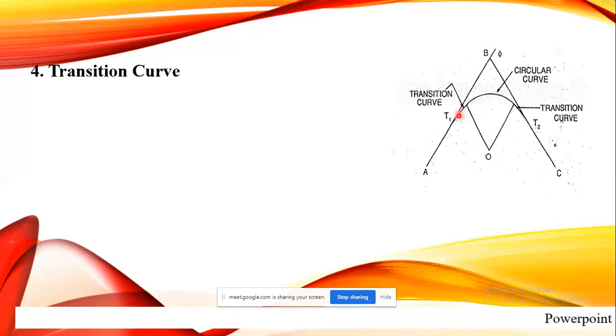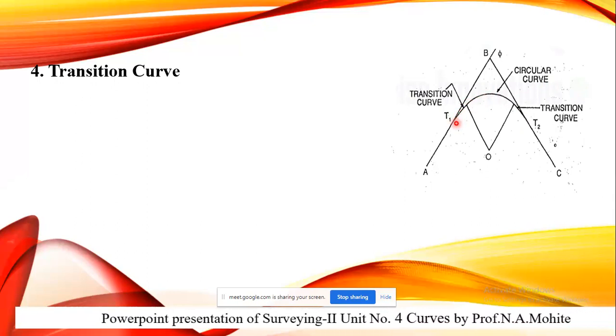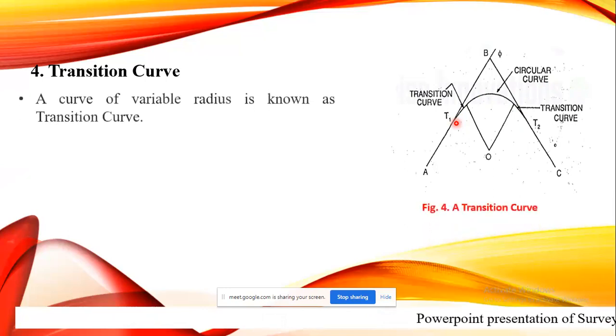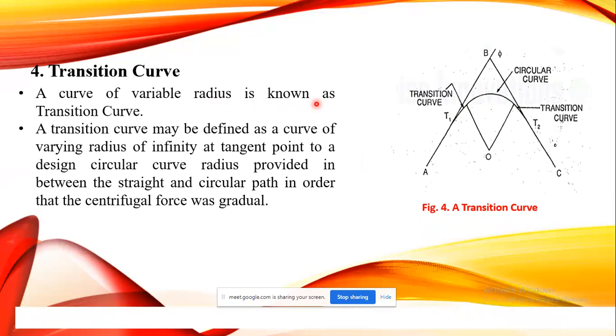So a curve provided on both sides of a simple circular curve with a varying radius is called a transition curve. It can be defined as a curve of varying radius, infinity at the tangent points.